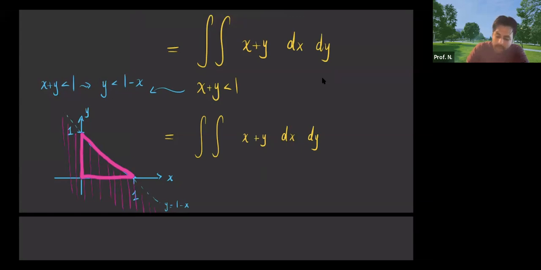If I'm doing dx here, then my y values go from what? This depends on how you cut up the region. If you cut up the region dx dy, then I'm cutting it this way. So what do my x values go from? My x values go from 0 to what?